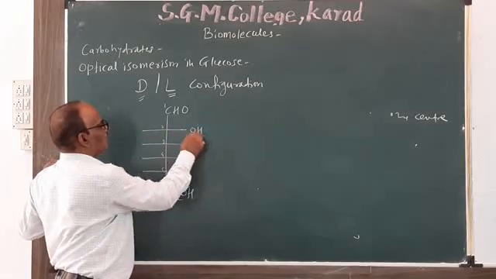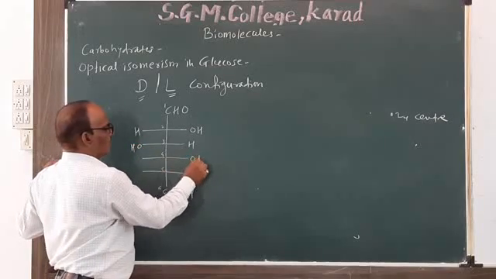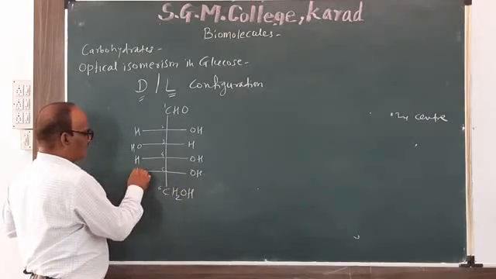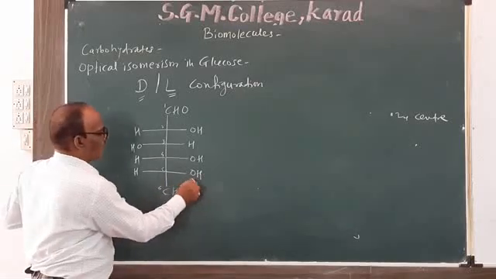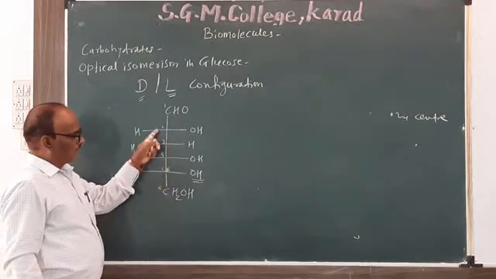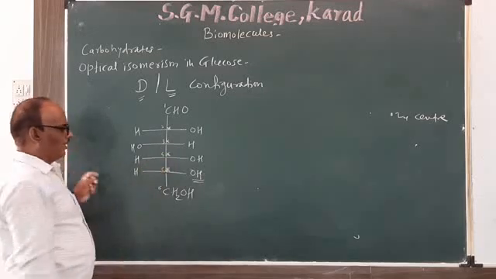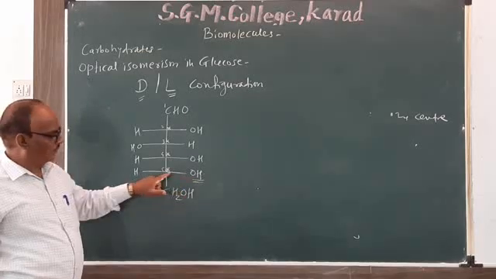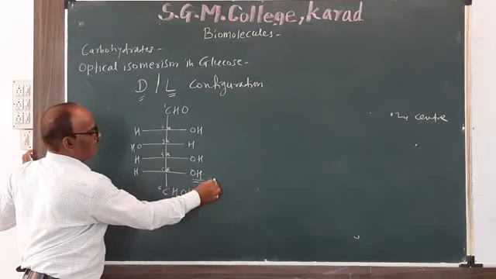So write the H and OH: carbon number 2 has OH on RHS, H on LHS, and so on. So there are a total of 4 chiral or asymmetric carbon atoms, in which carbon number 5 is at the lowest part, therefore it is the lowest chirality center, and this OH group is present on RHS.